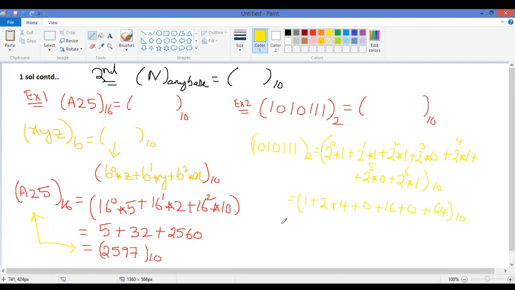Okay, now just add them. How much will you get? 64 plus 16 plus 4 plus 2 plus 1. Yeah, tell me what is the answer. What is the answer?